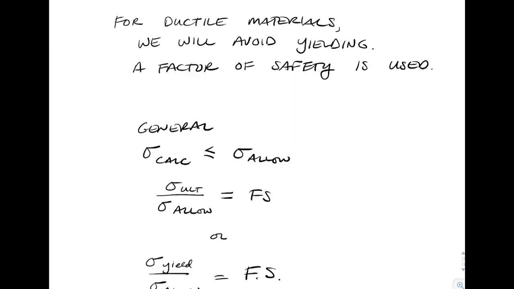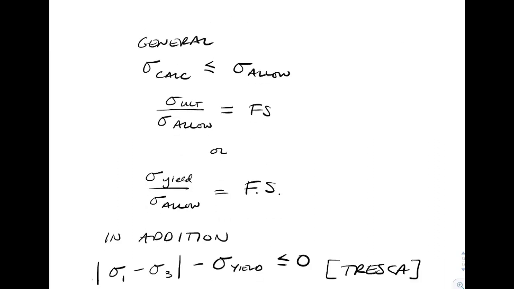So for these ductile materials and this yield criteria, we're going to try and avoid yielding, and we will use a factor of safety. Sometimes we will apply a factor of safety, other times we will calculate the factor of safety. But in general, the calculated stress needs to be less than or equal to some allowable stress. And the way we're going to calculate the allowable stress is either off the ultimate stress or off the yield stress.